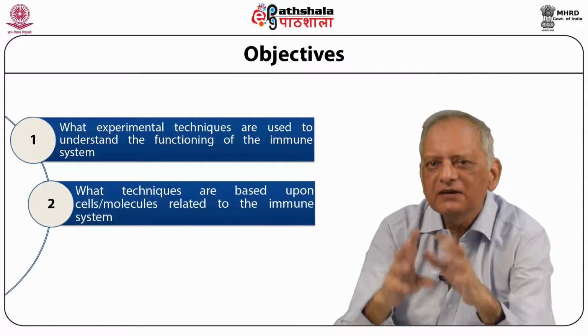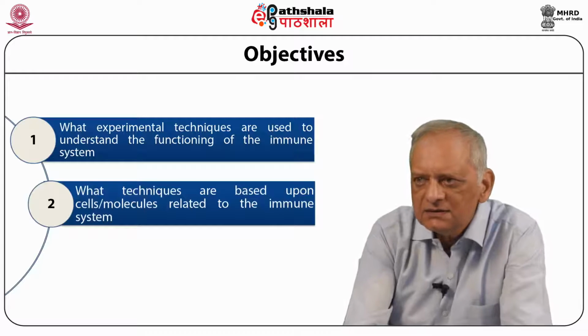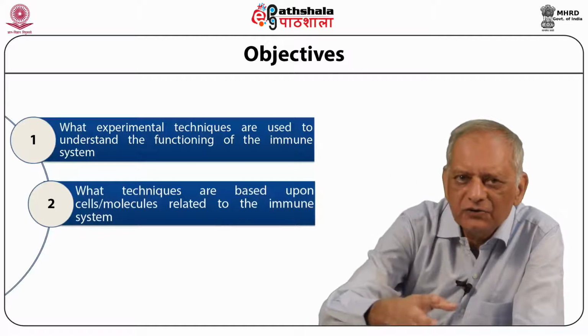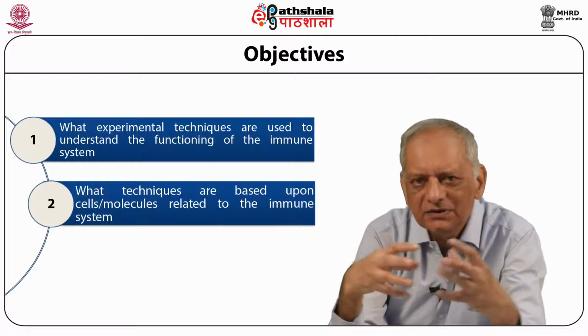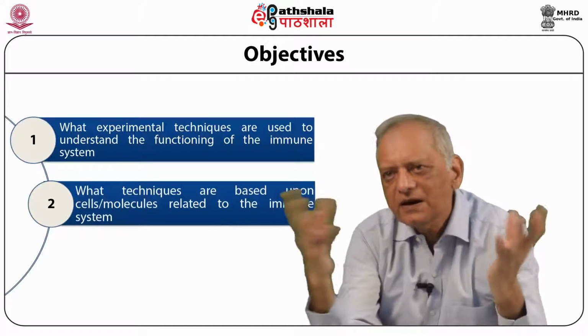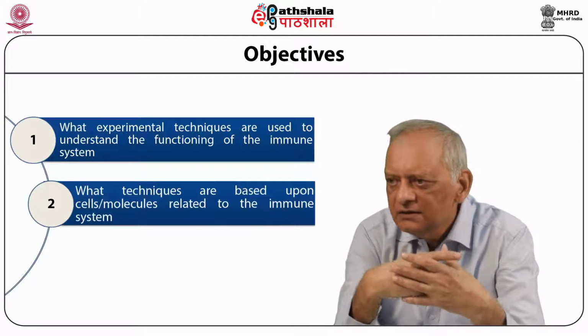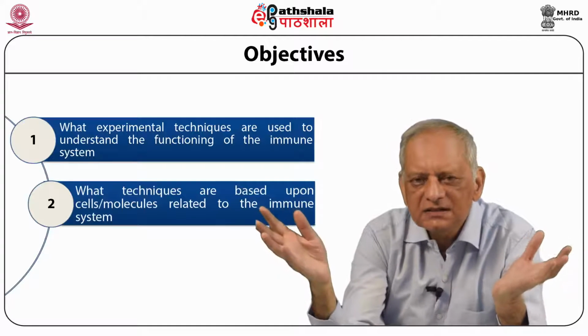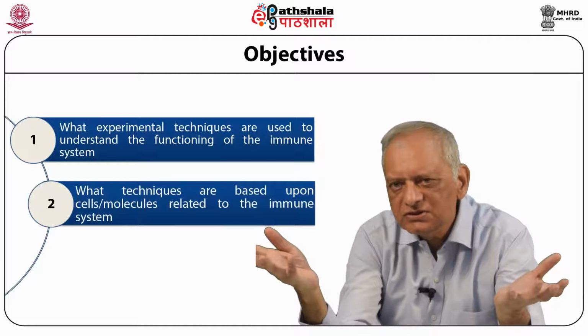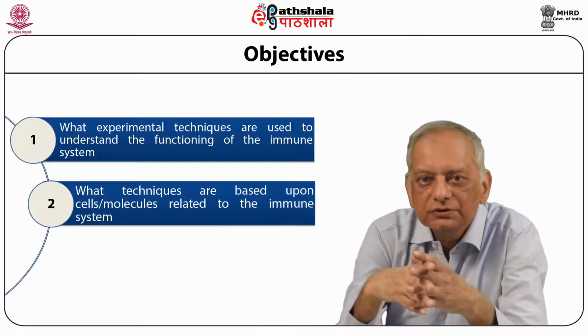Let me clarify what I mean. Suppose I say that I am using a spectrophotometer to study antigen-antibody interaction. Now, spectroscopic techniques are general. They are used in various branches of science, chemistry, biochemistry, and so on and so forth.